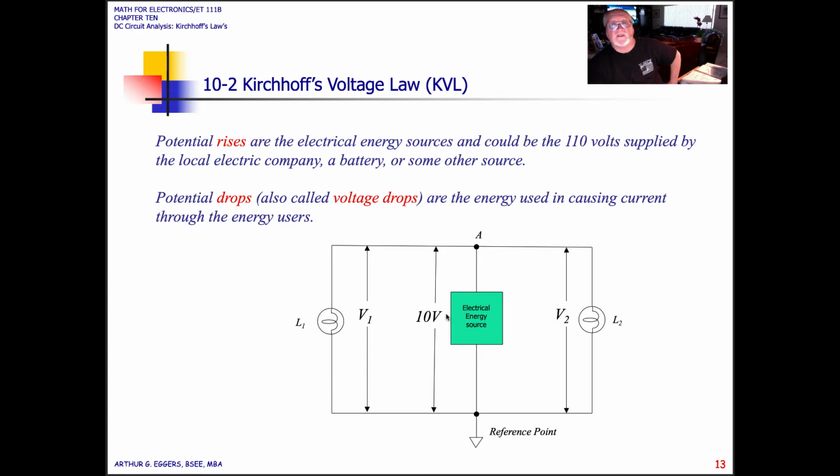So in this configuration, you can quickly ascertain that from A to ground, or the reference point, I have all of the source energy, 10 volts, being applied. If I put a meter at point A and a meter at the reference point down here, I would measure 10 volts. I could move that anywhere along the top line of the schematic or anywhere along the bottom line of the schematic, and I would get 10 volts.